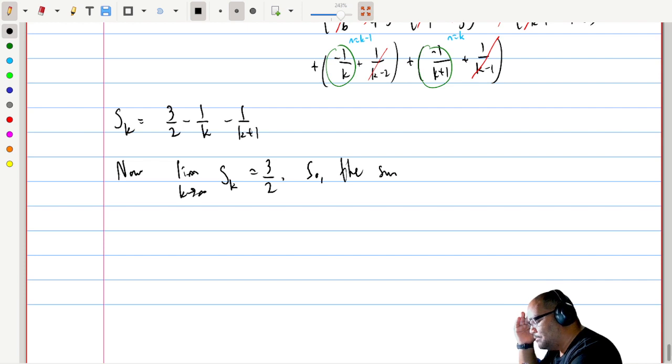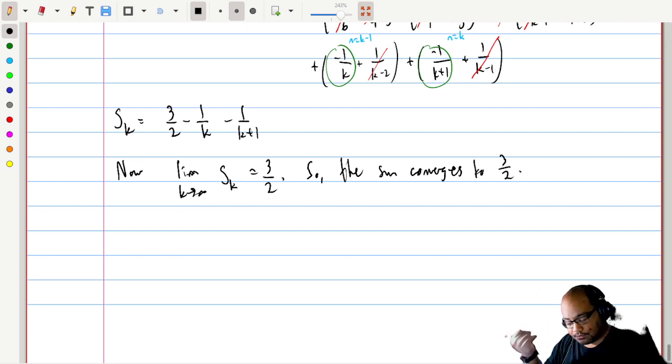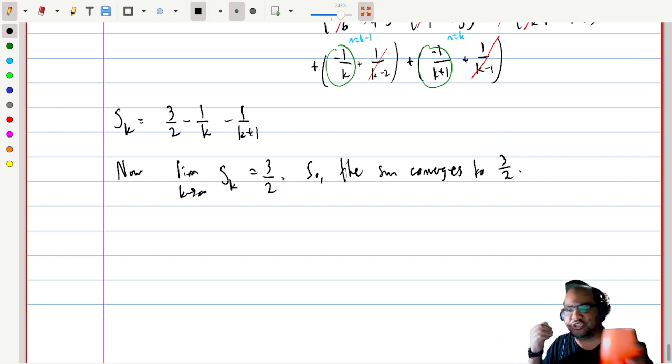So the sum converges to 3/2. This is just a quick and dirty way of doing the partial sums using partial fractions.